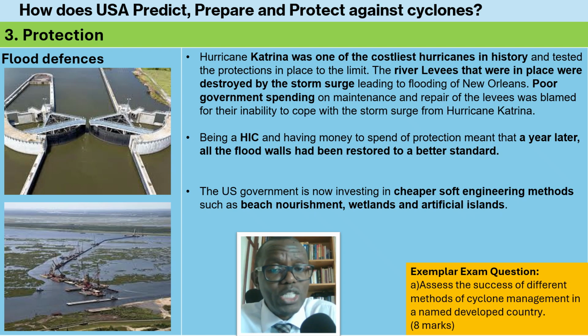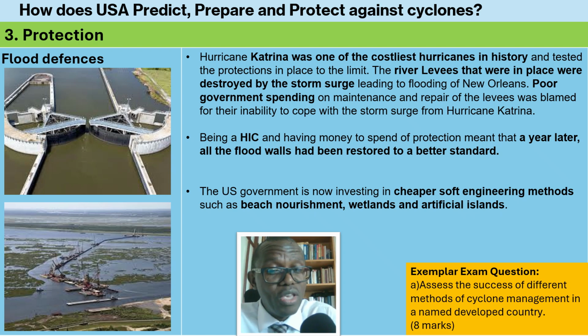Now, poor government spending on maintenance was actually blamed for the inability of these defenses to cope with the storm surge from Hurricane Katrina. So if you were discussing this particular hurricane in an 8-mark exam question, for example, you talk about the fact that the USA has flood defenses in place.